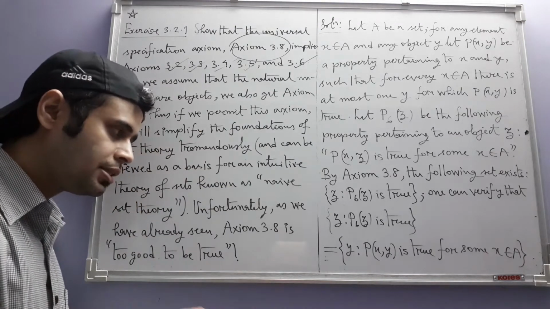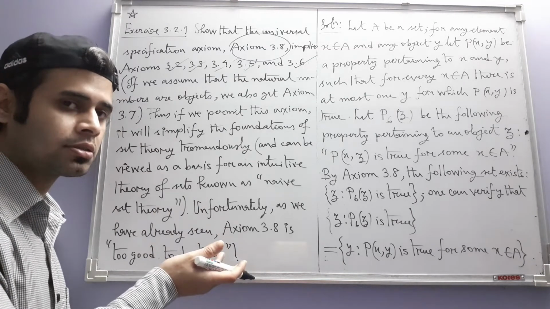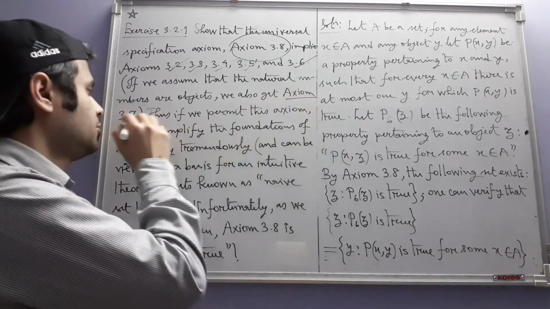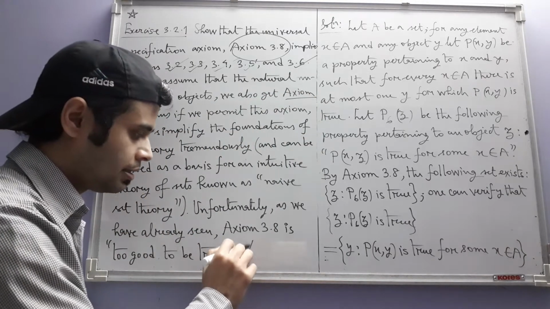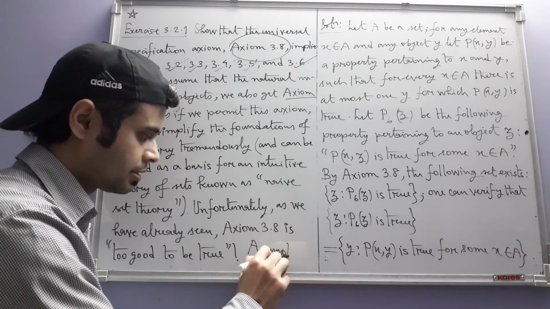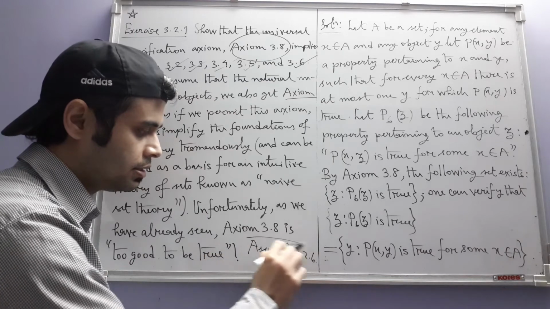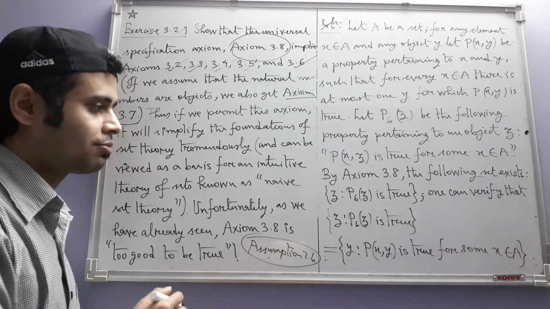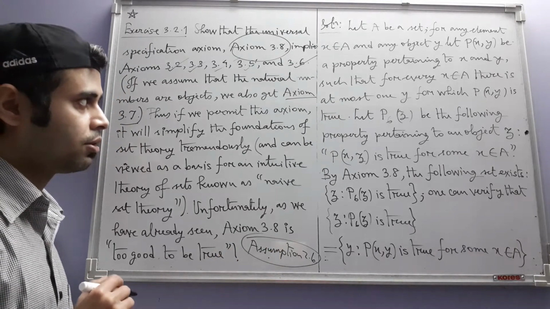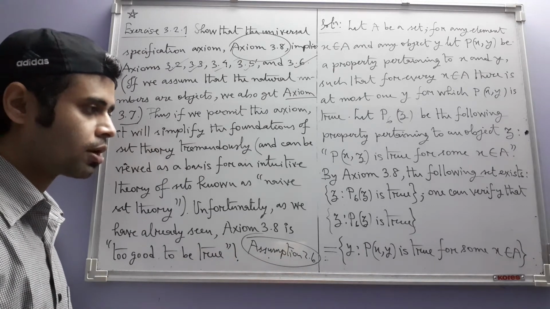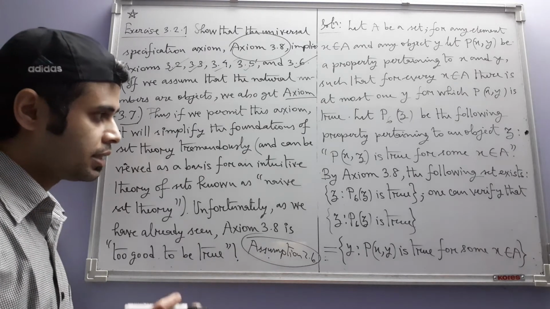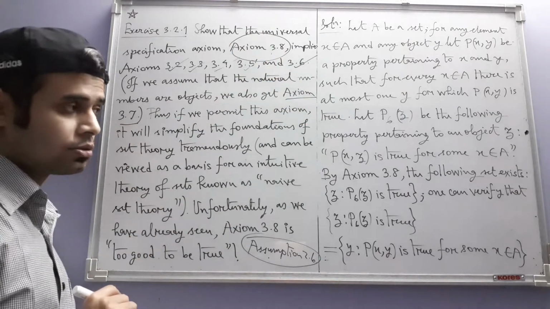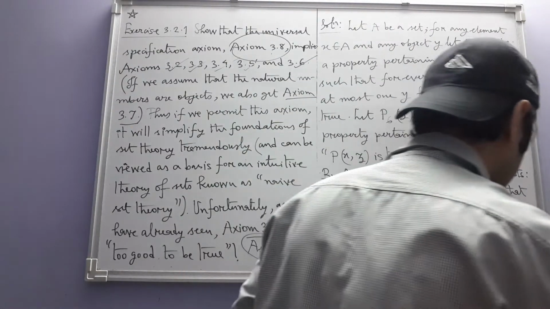That part we have already seen when we constructed the system of natural numbers. There, however, we did not have axiom 3.7 as an axiom, but we had it as assumption 2.6. The reason it was only an assumption and not a formal axiom is that at that time we did not have the language of set theory, so we were not able to fully express this assumption formally. And it's the set part that comes as a consequence of axiom 3.8 if this is assumed to be true. So that's where this solution ends.